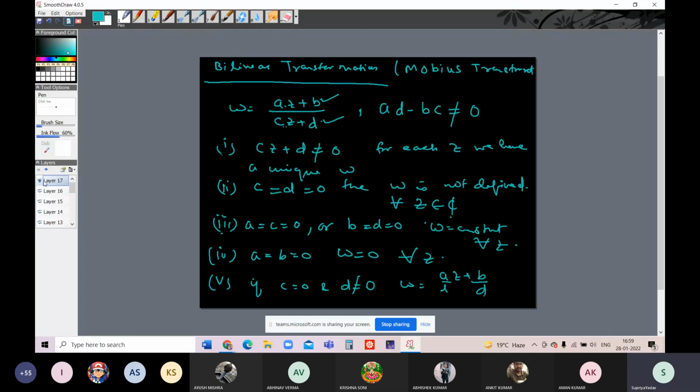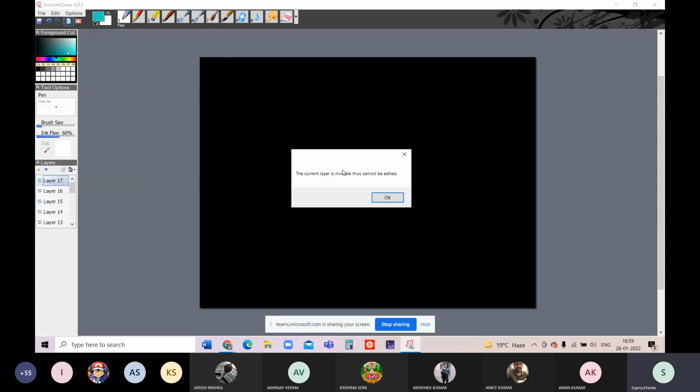And next is the case if a is 0, b not equal to 0 and c is also not equal to 0.